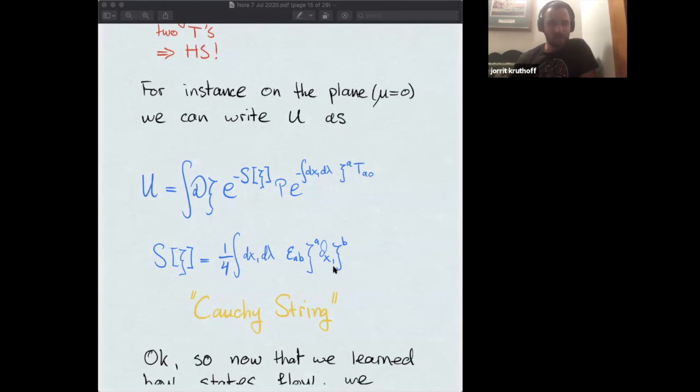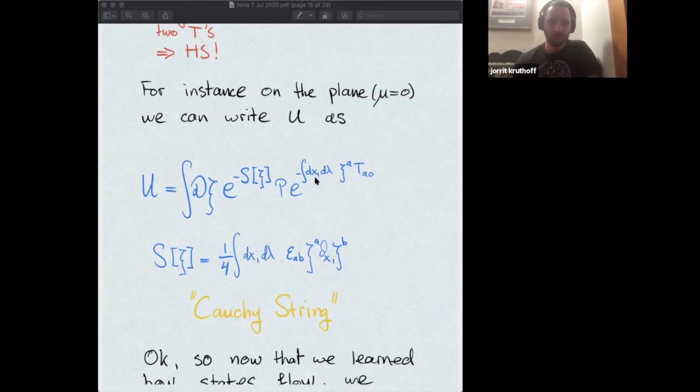Here in yellow, I wrote the name we came up with for this U operator: a Cauchy string. It's an integral over a spatial slice, so to say.